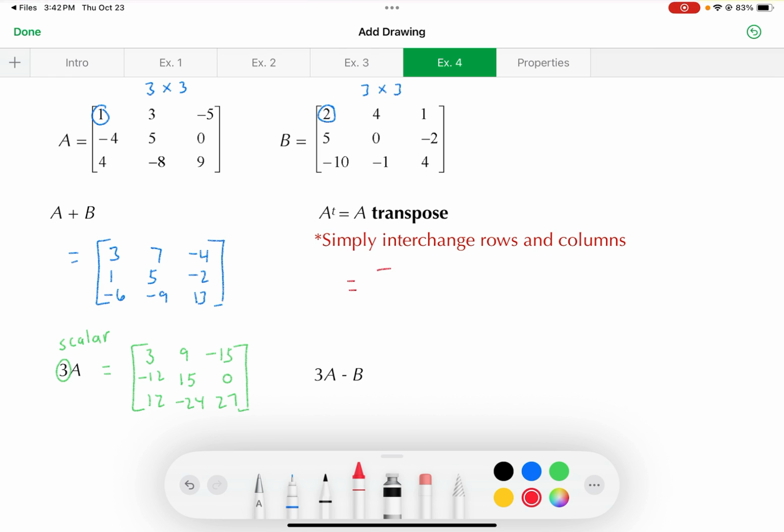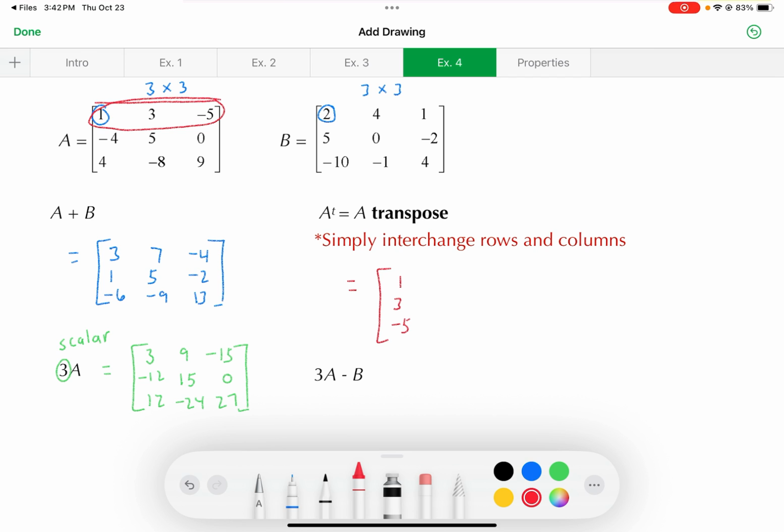So this would equal, I'm going to take these first row elements and make them into my first column: 1, 3, negative 5. Notice the order I place them in.